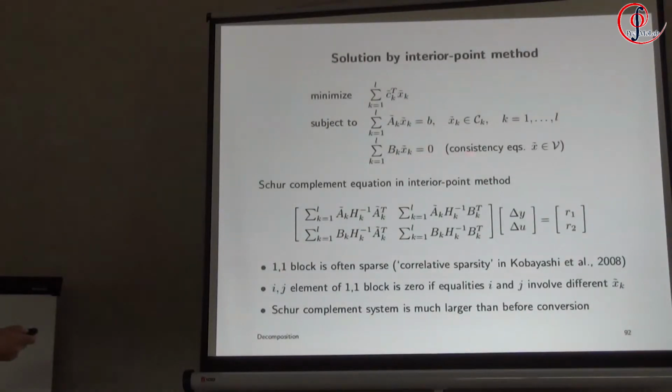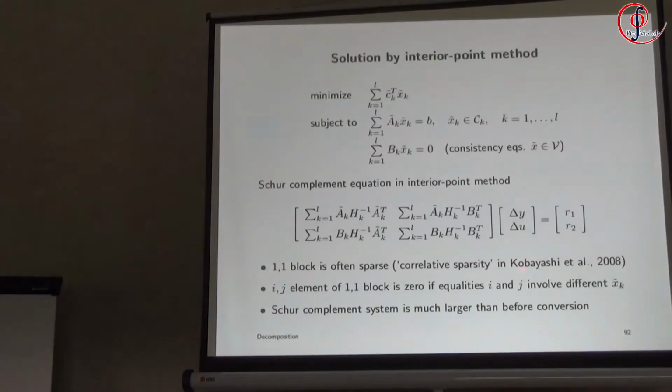So here we write this in matrix form. Then in general, the Schur complement system that you would have to solve would look like this after some steps. So you have a large system of equations that you have to solve. H_k here could actually have different values depending on the method you use, but typically it would be the Hessian of a barrier function for each of these cones C_k.